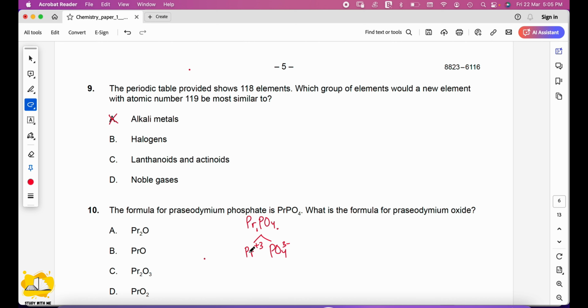Therefore, the charge of Pr is plus 3. Oxide is 2 minus, so Pr is plus 3, and we do the crisscross: plus 3 goes down here, and 2 goes down here, giving Pr2O3. So that's why the answer will be C.